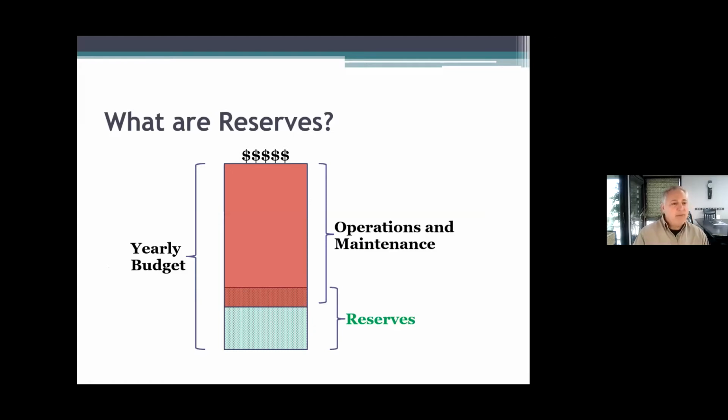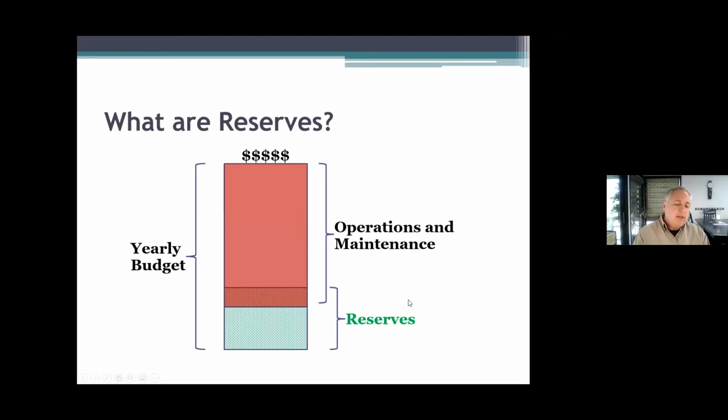Because everybody's got a different opinion of what reserves are. This is a very common conception of reserves: you have your yearly budget. You've got monies in there for operations and maintenance, your snow plowing and your lawn mowing and your insurances and your property manager.